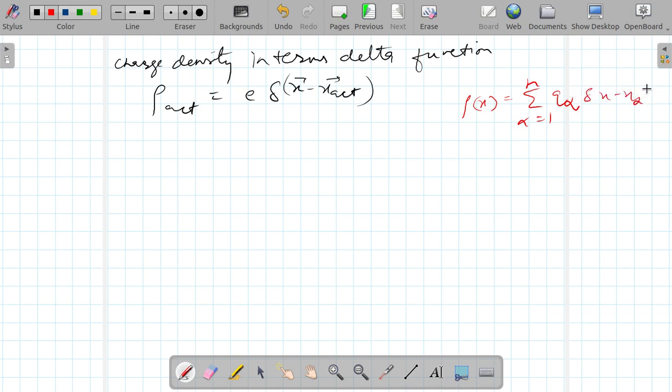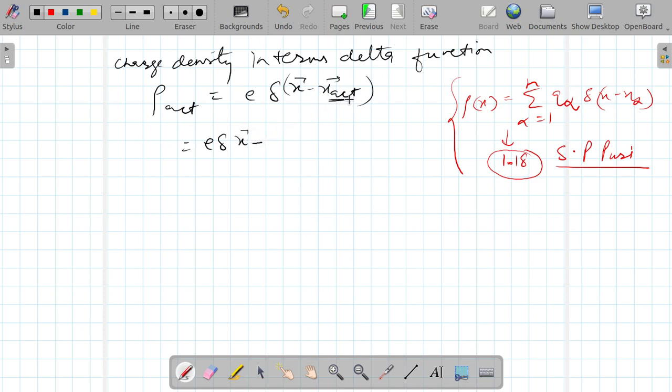This is equation number 1.18 from the book by S.T. Puri on classical electrodynamics. So I have used this equation, so that's why I am getting this one. So now this will become e delta x.